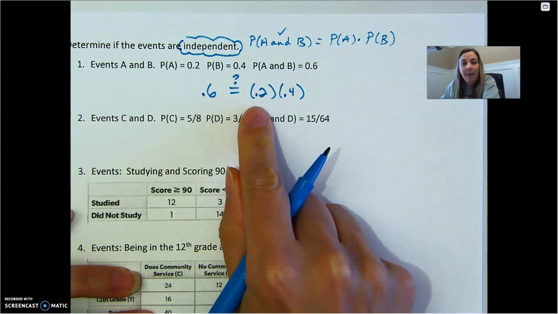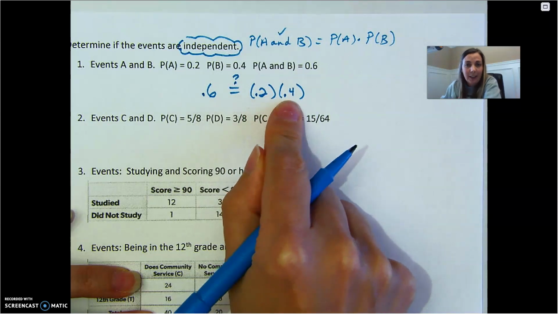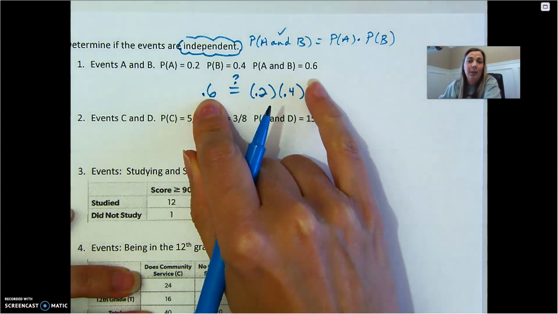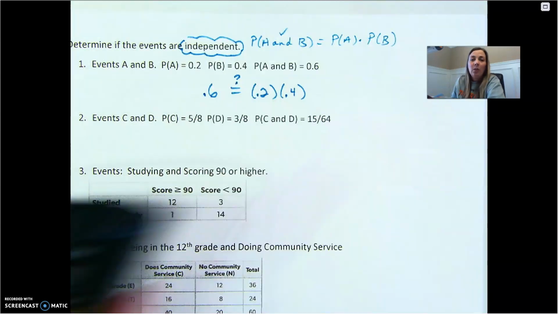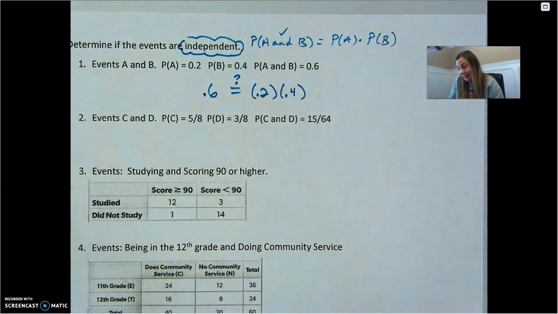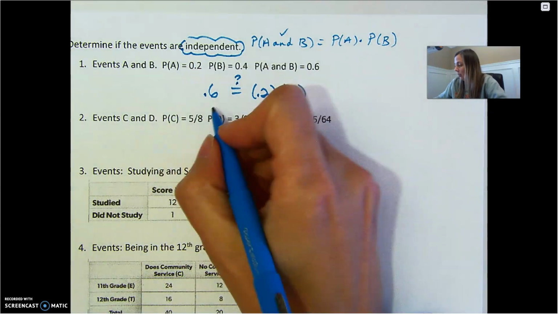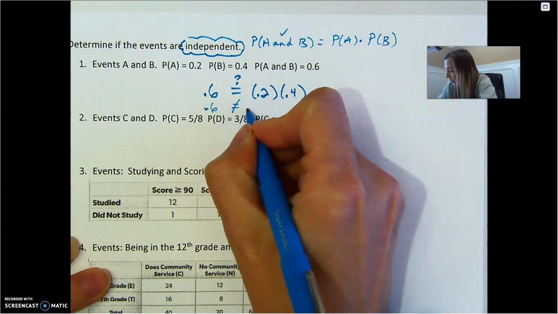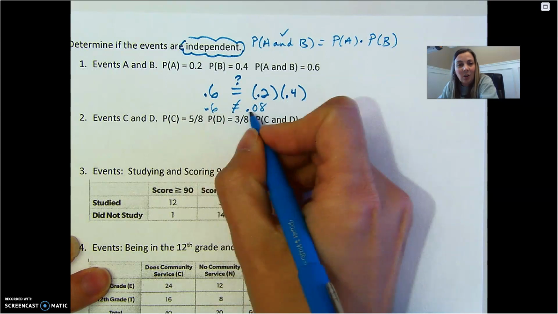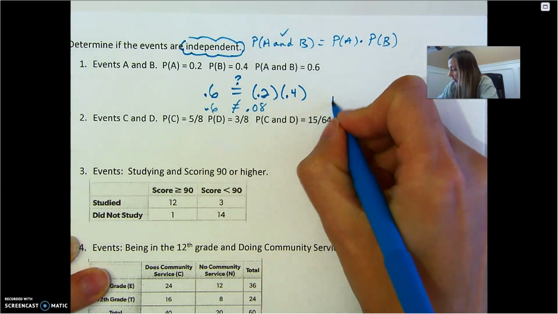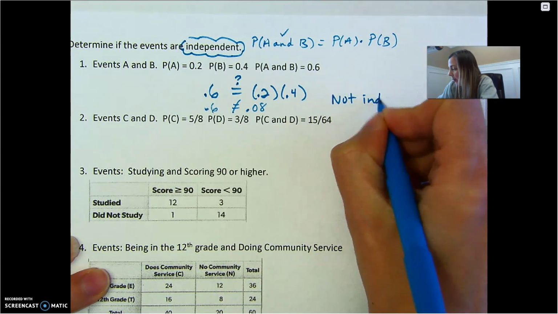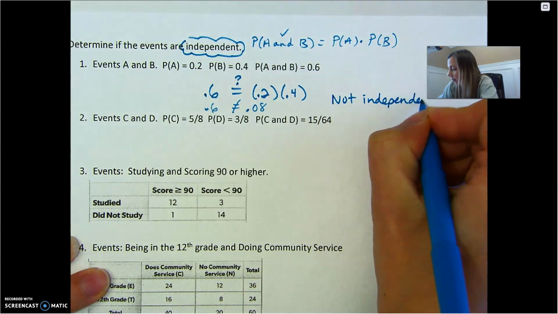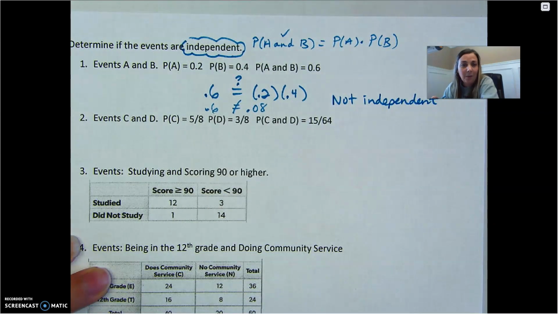We're verifying: does this product equal the and, which was 0.6? 0.2 times 0.4 is not going to be 0.6. Nope, it is 0.08. So 0.6 does not equal 0.08. Since they don't equal each other, we would say they are not independent.